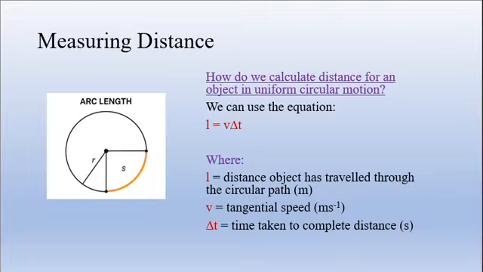Therefore, you can use the formula L equals v times delta t. In other words, distance equals velocity times time. The distance here is the distance the object has traveled along the circular path, velocity is tangential speed, and time is simply the time taken to complete the distance traveled.